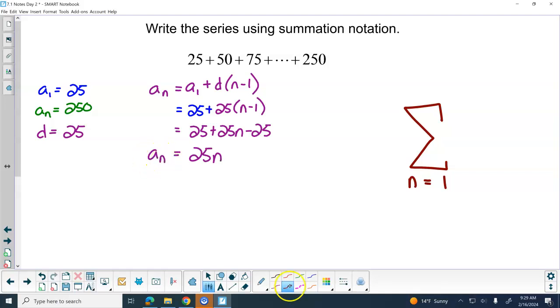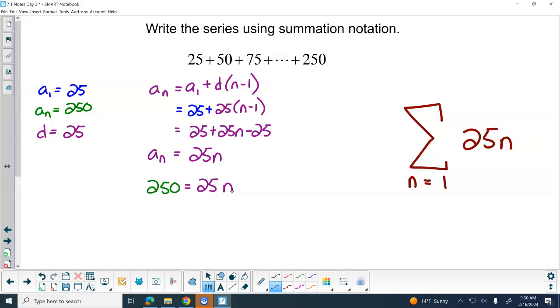So then this over here is going to be 25n, because that's my rule. Okay? So if that's my rule, then 250 is going to be 25 times n, and I can solve for n then, right?